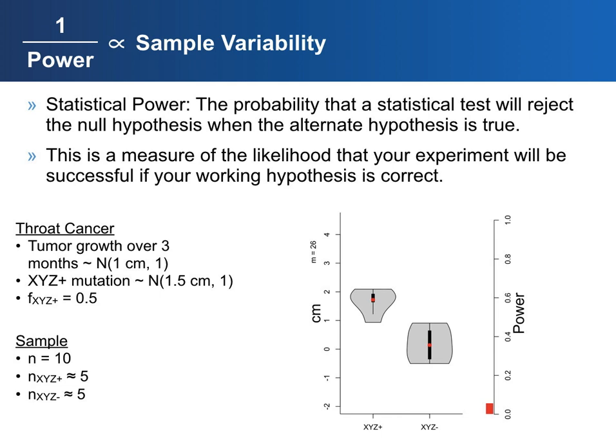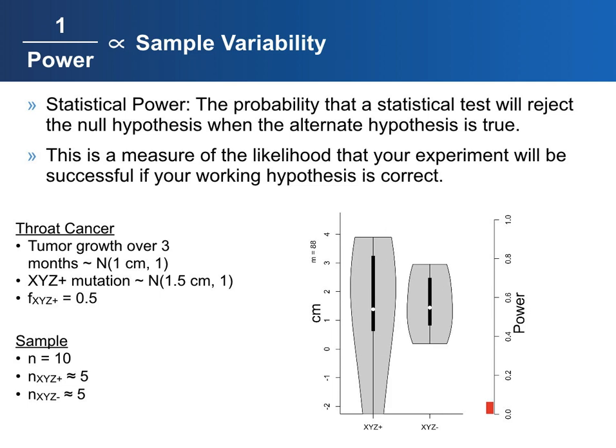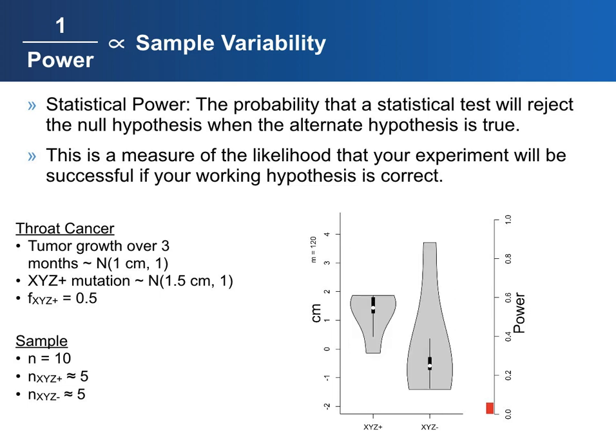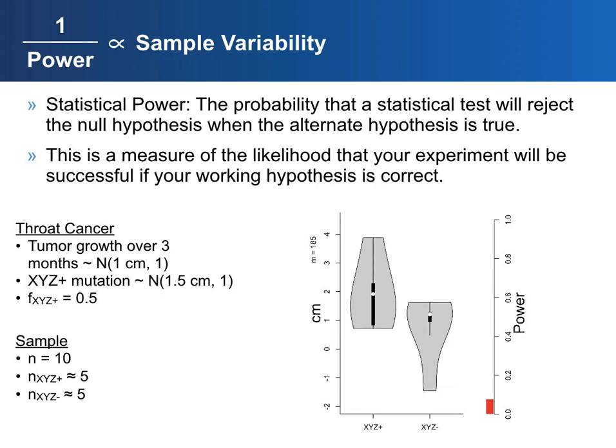Now if we do this a whole bunch of times, say 1,000 times, and we see how often we get a statistically significant result, that's going to be down around 8 to 10%.